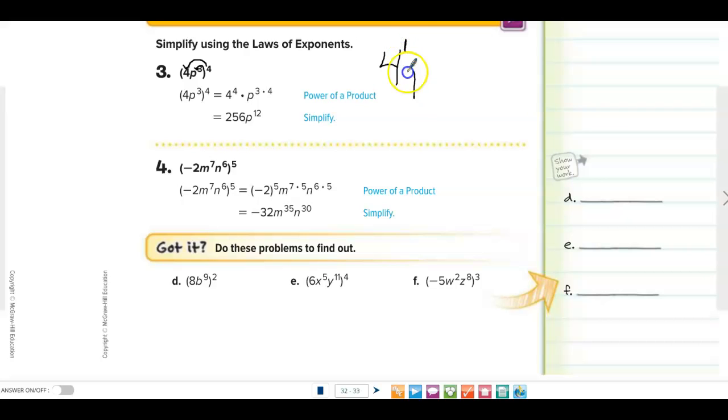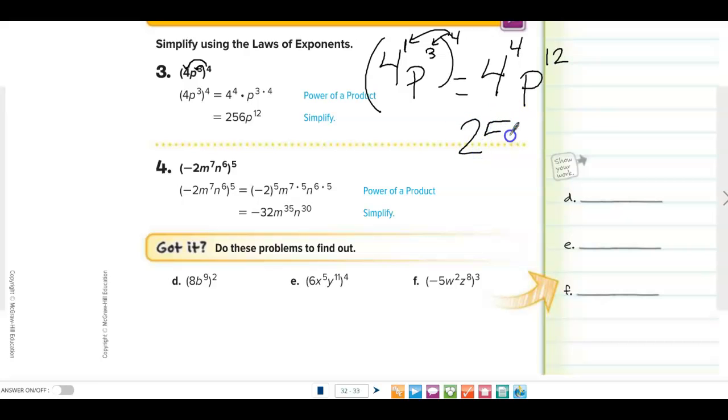And then we have p to the 3rd, and that's all raised to the 4th power. So I distribute it to each one. So 4 to the what? 4th, and p to the 12th. What is 4 to the 4th? 256, and then we just have p to the 12 as our final answer.